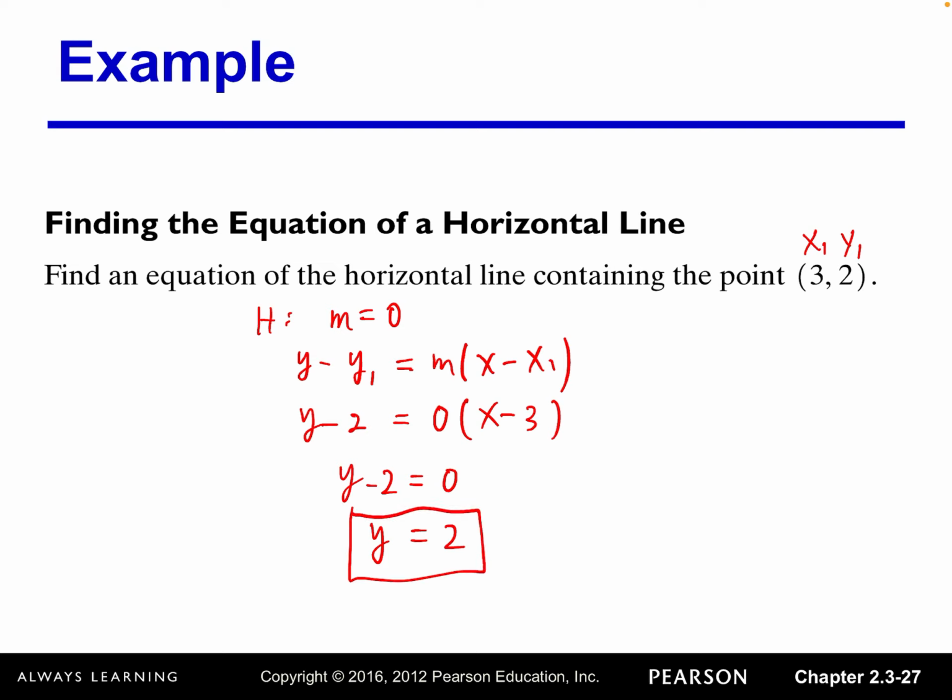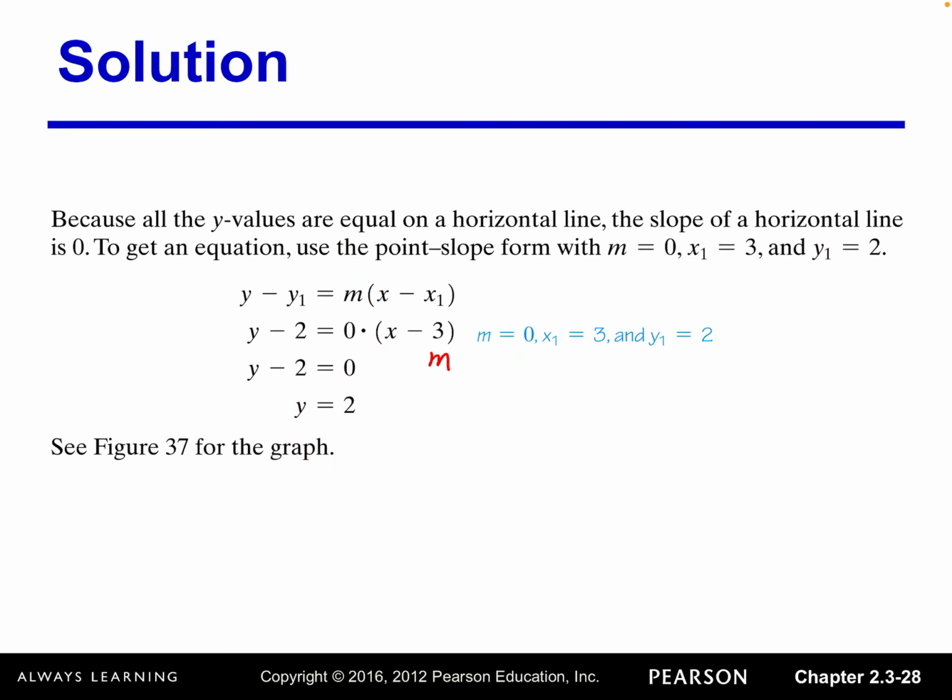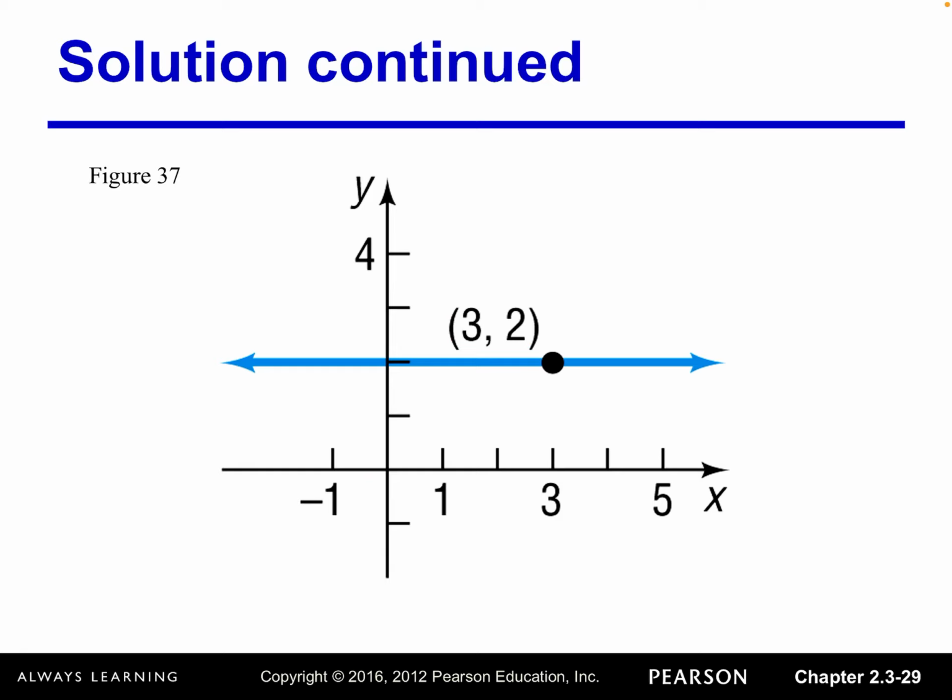So the horizontal line equation is always y equals a constant, and this constant actually is the y-intercept. This is actually a theorem. That's how the graph looks: a horizontal line passing through the point (3, 2).